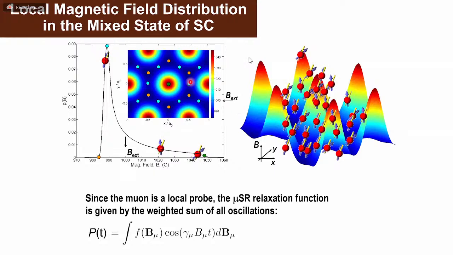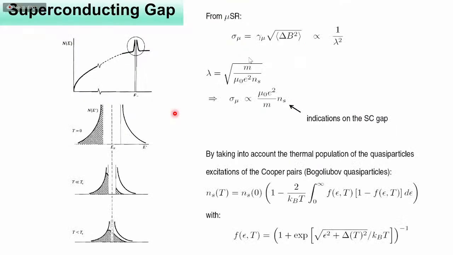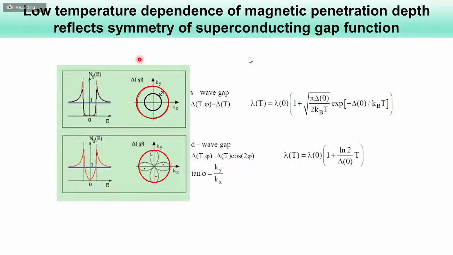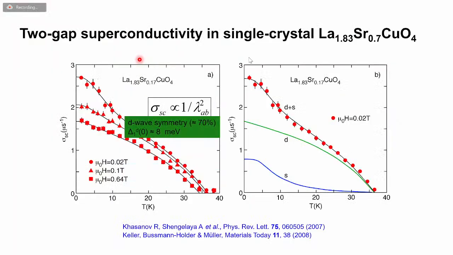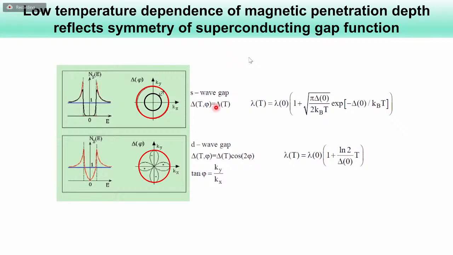The red part represents the high intensity of the internal magnetic field distribution, and the blue part represents the lowest intensity of the internal field distribution. And this is the contribution of μSR to study the superconducting gap. From μSR, we can study whether the superconducting gap of our sample is an s-wave gap or a d-wave gap.